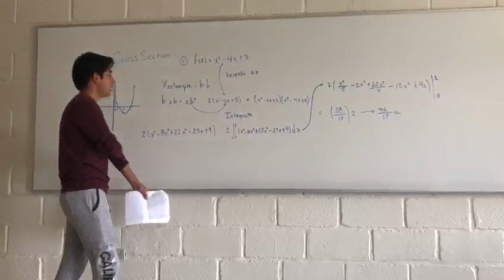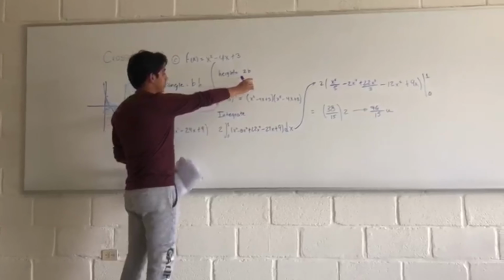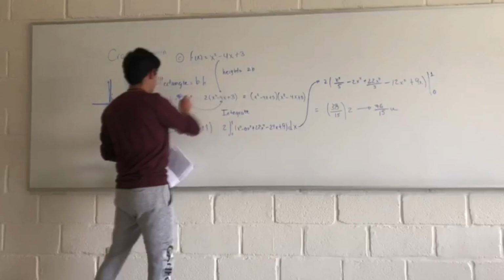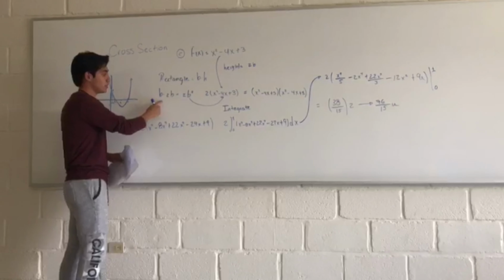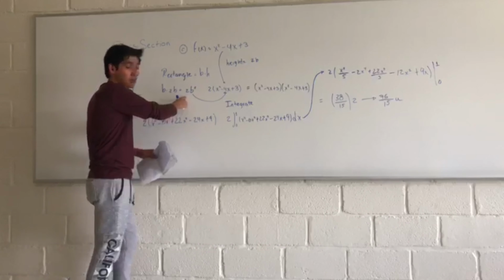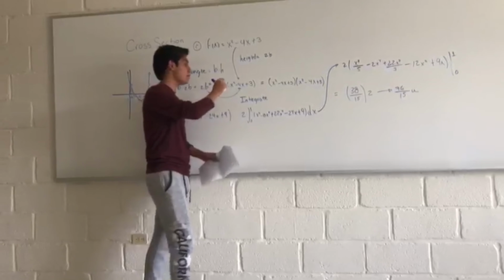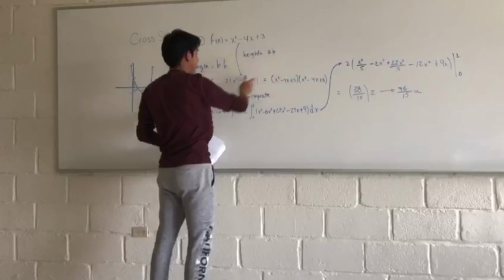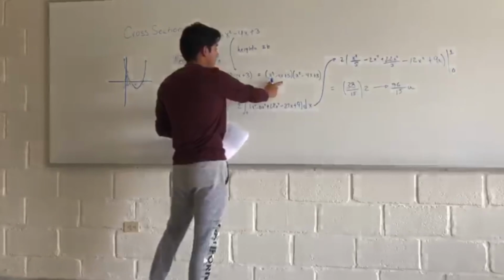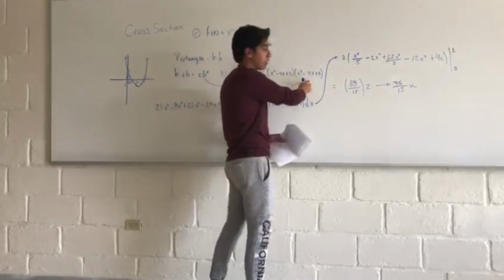So, first of all, we have to transform the formula like this: base times 2 base, that is equal to 2 base squared. So we substitute the function, and now we are going to multiply them.